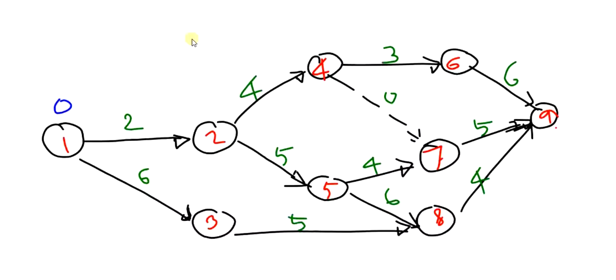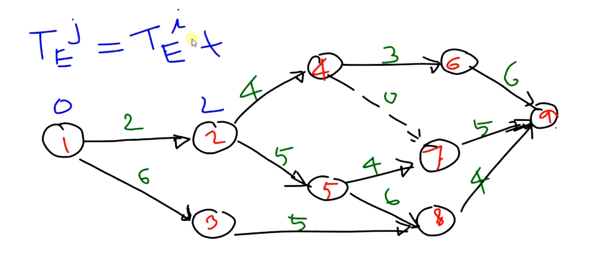Then for event 2, TE is 0 plus 2, that is 2. The relation for finding the TE of the second node or event is like this: TE of j, the jth node, equals TE of the ith node plus TIJ.